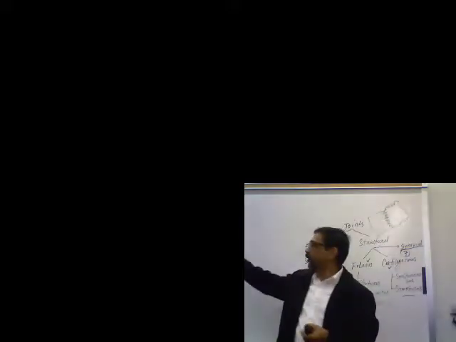Synovial, there are 7 different types of synovial joints, and the most common type of joint in your skeleton is synovial. Couple of examples of synovial. Shoulder joint is a ball and socket type synovial joint.